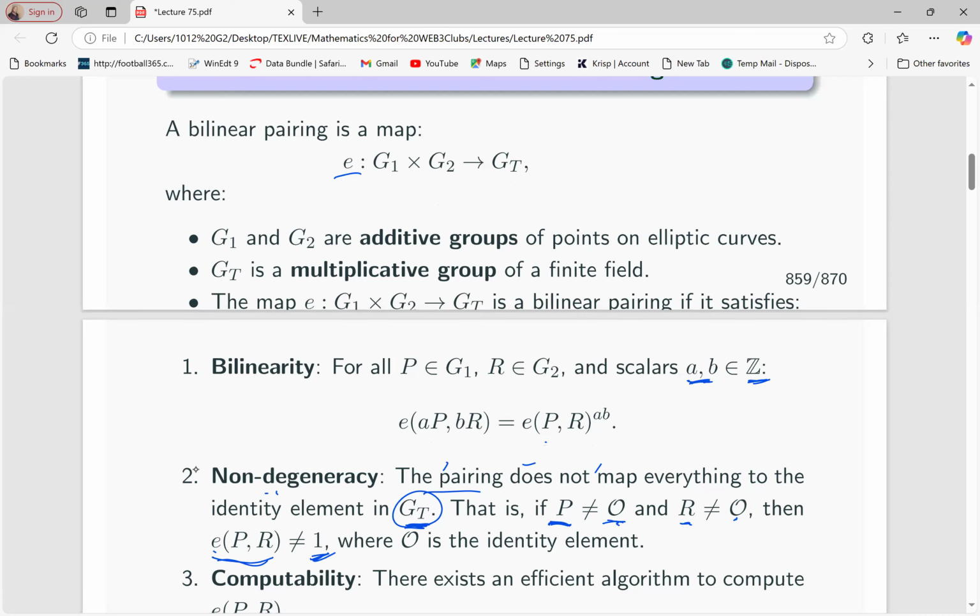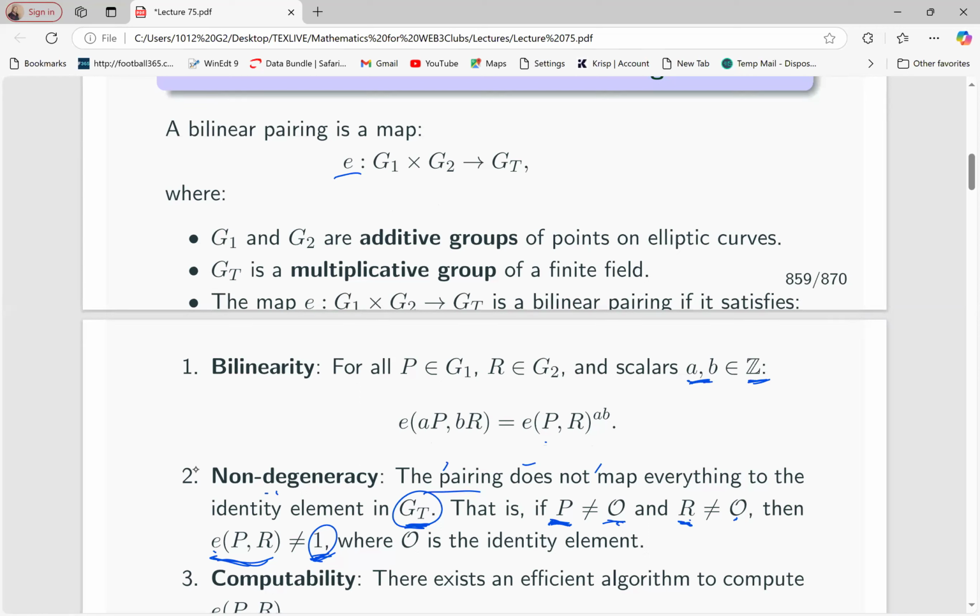For a multiplicative group, the identity is 1. So that is what we mean by non-degeneracy.